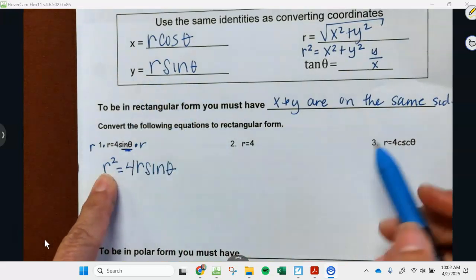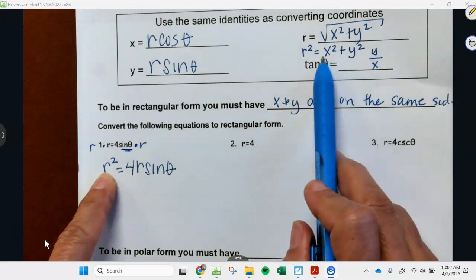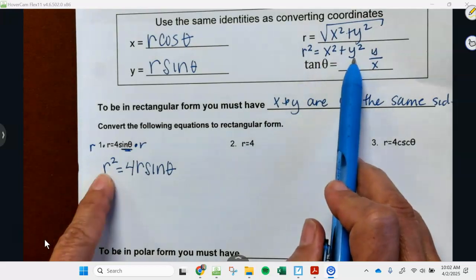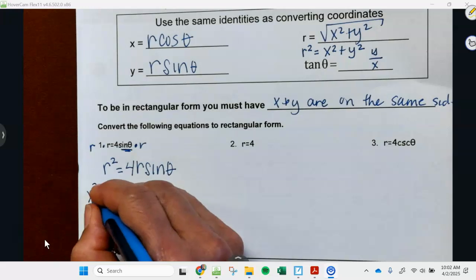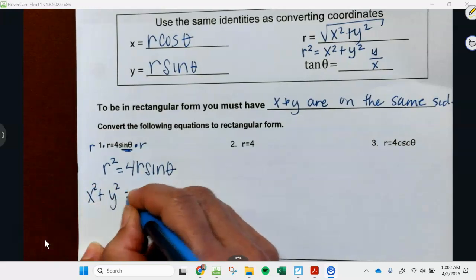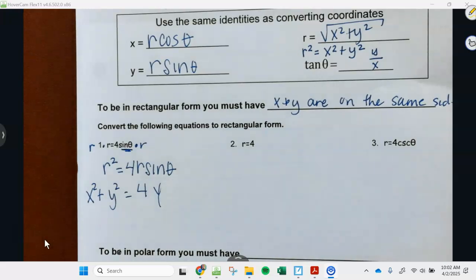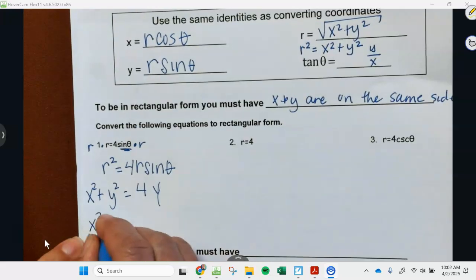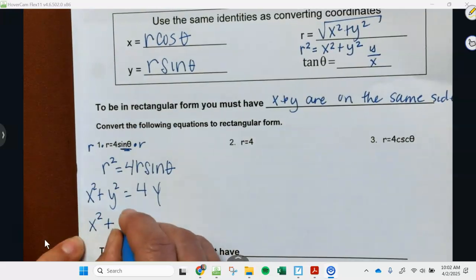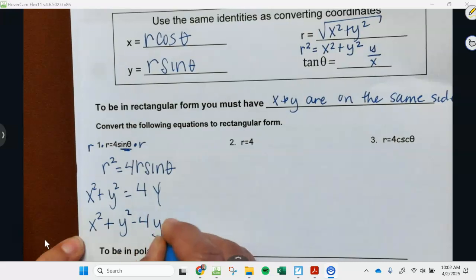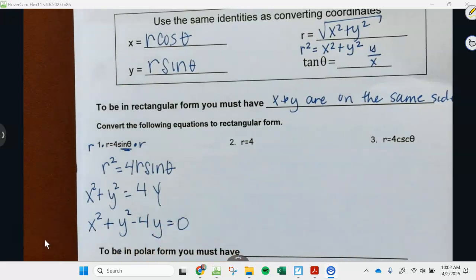But over here, r squared, I'm going to drop this in for this part. So x squared plus y squared, that's r squared. And then 4y, because r sine theta is the letter y. But remember, x and y have to be on the same side. I'm going to move that y over and set it equal to 0. That's it. That's the answer.